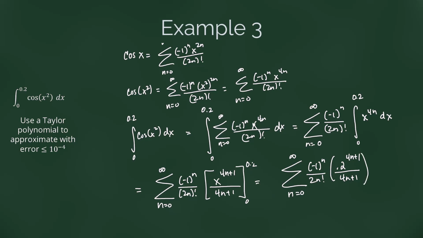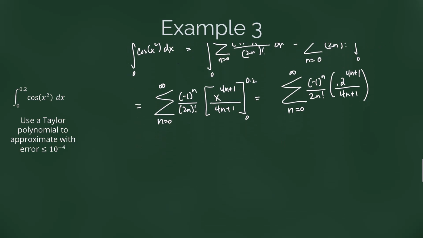Now, we want to evaluate this integral with error less than 10 to the negative 4th. And that means that because this is an alternating series, we have negative 1 to the n, we know that the error is always less than or equal to the n plus first term.